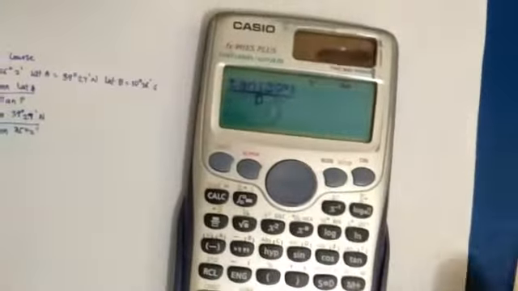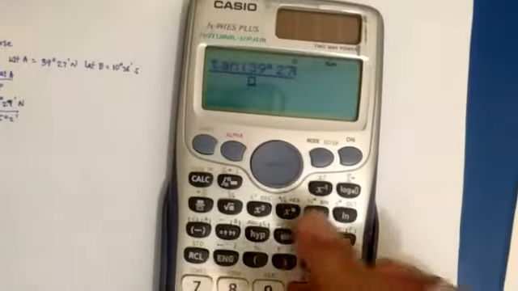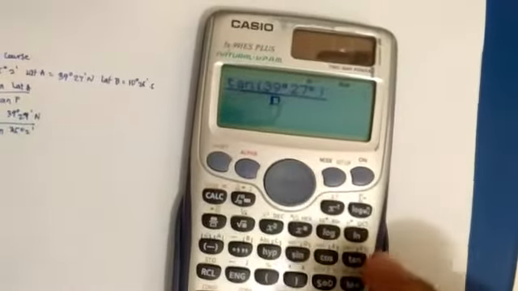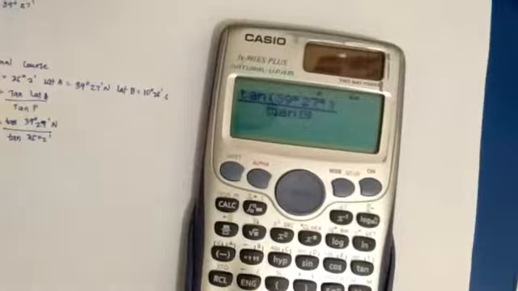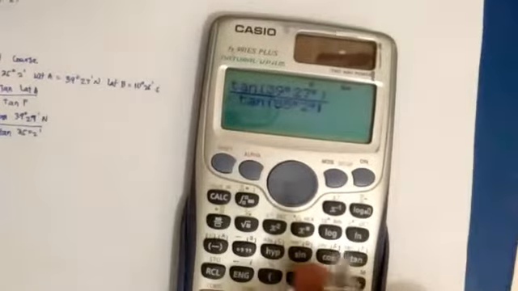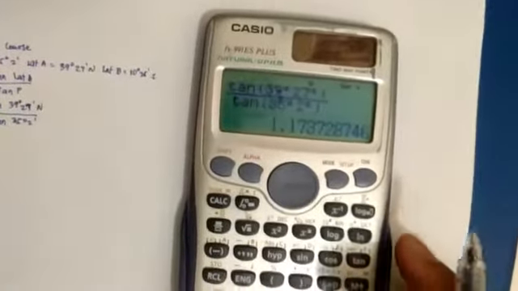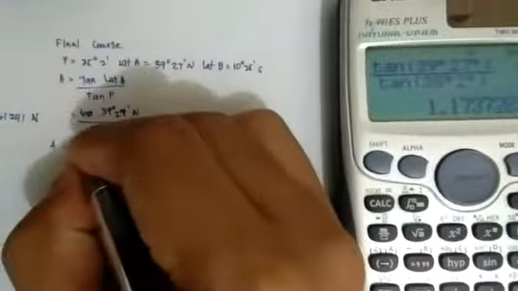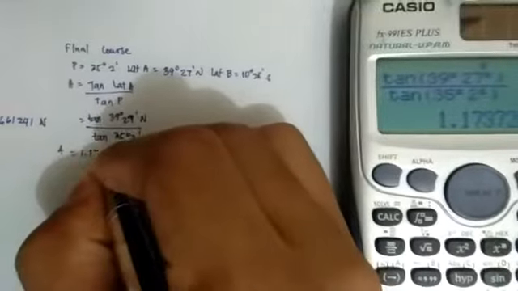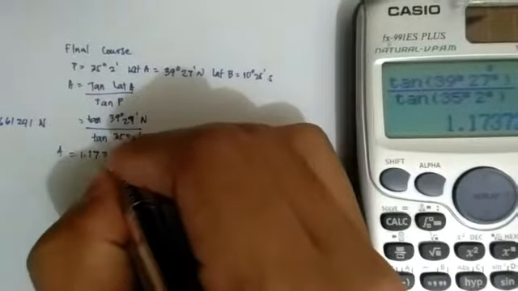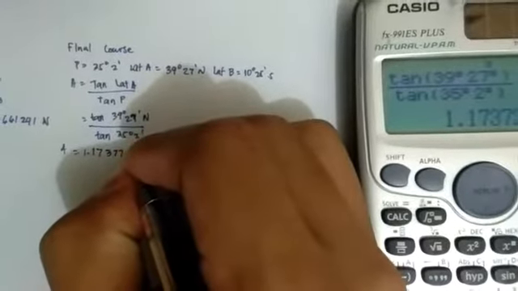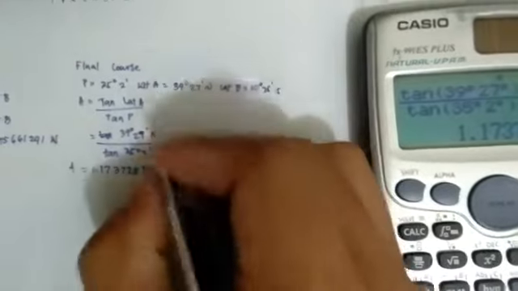So our A is tan 39 degrees 27 minutes over tan 35 degrees and 2 minutes, which is 1.173728746 south.